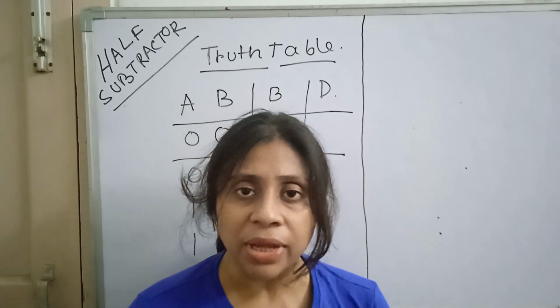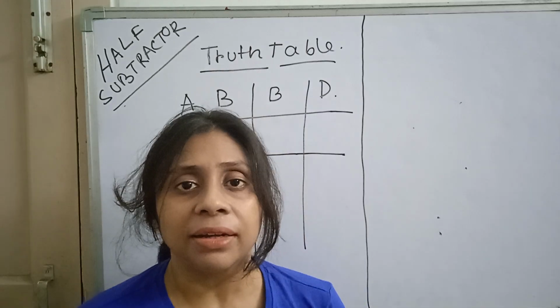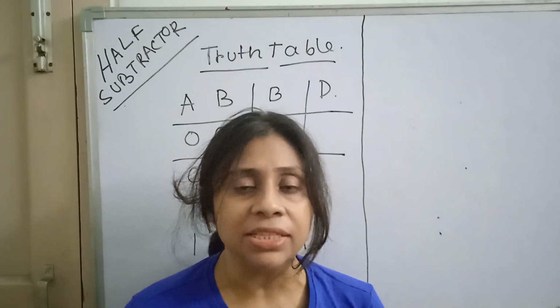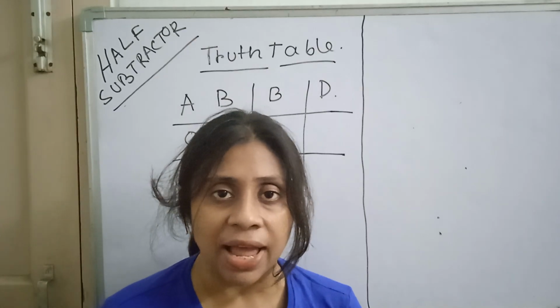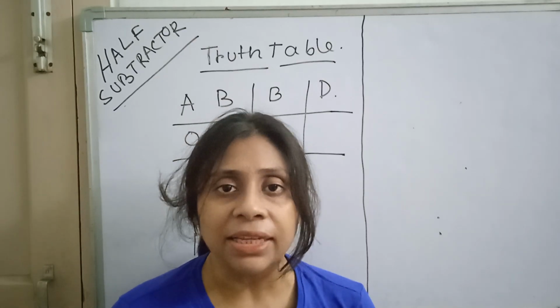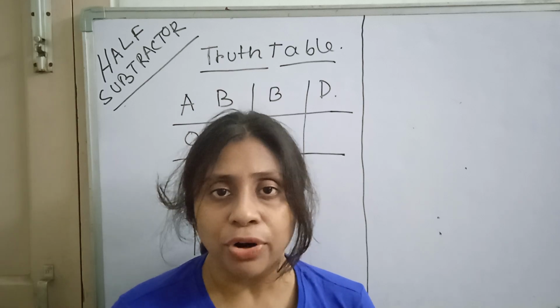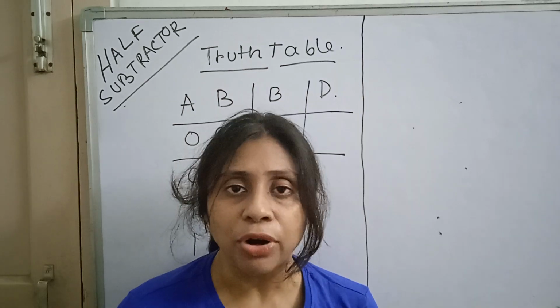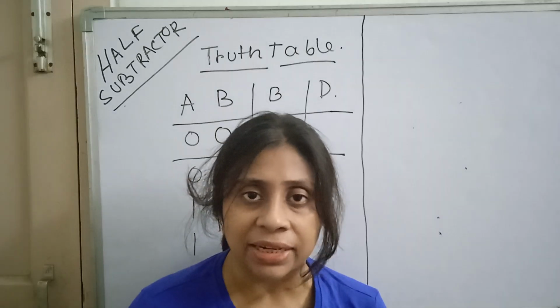So we will do two KMAPs, and step number 3 is we need to have the output expression for each output line, and step number 4 is we need to draw the logic circuit for the half subtractor or for that particular combinational circuit.